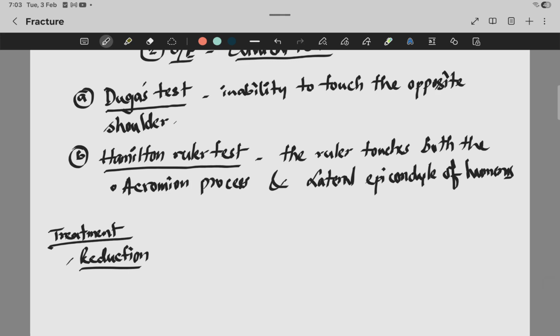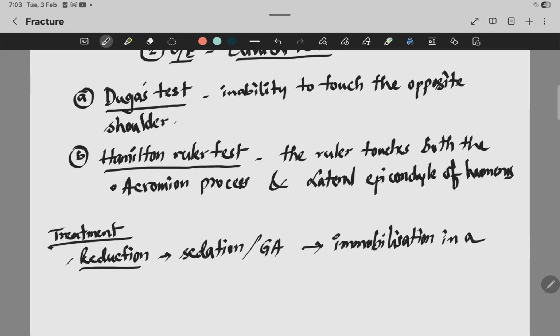The reduction is done either under sedation or general anesthesia, followed by immobilization of the shoulder in a chest arm bandage. For how many weeks? At least 3 weeks.